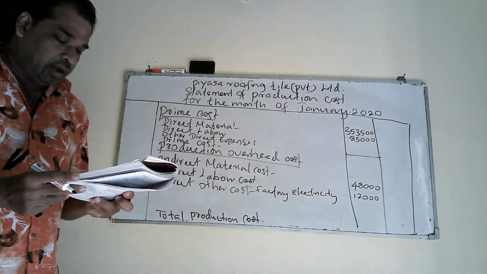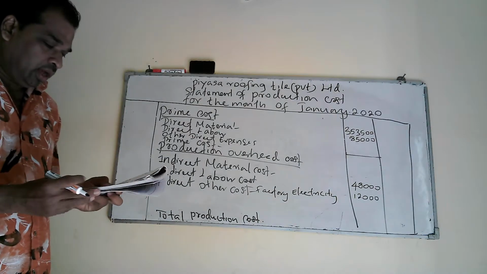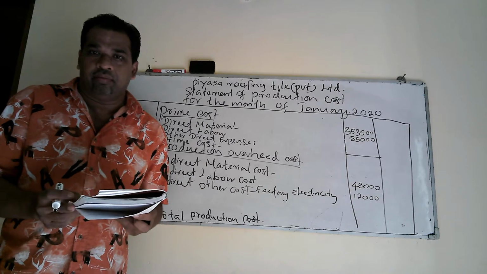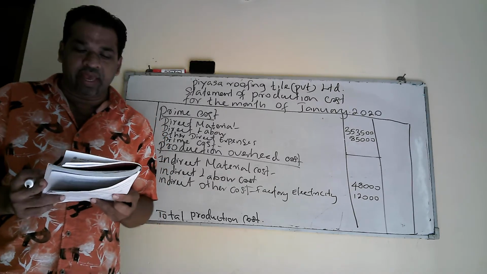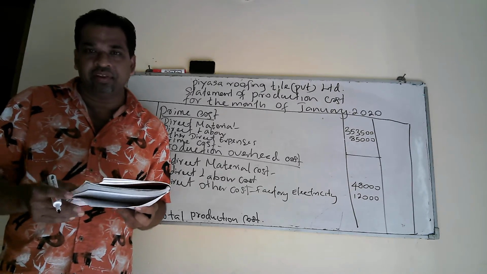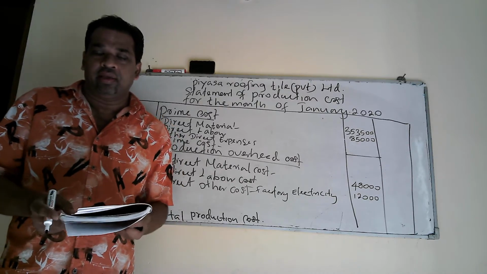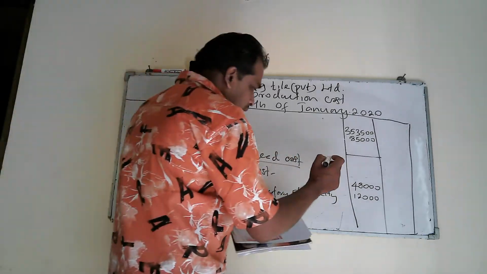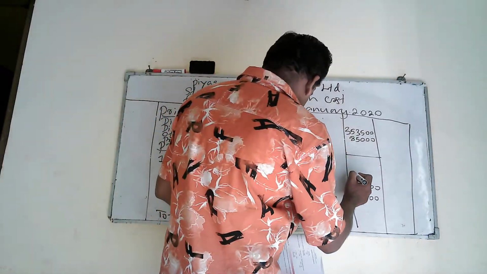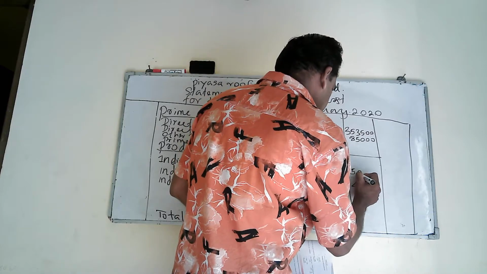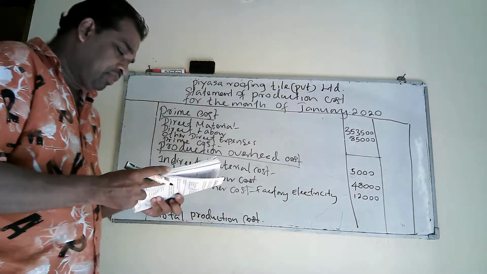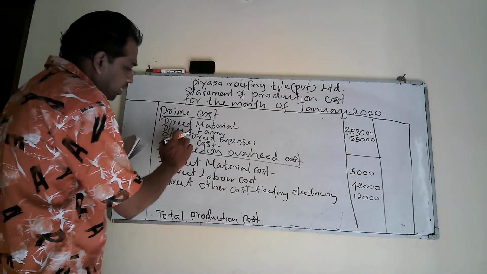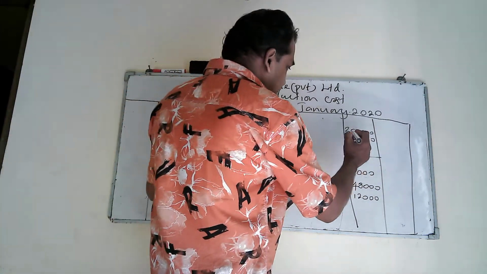Then cost of paint. Since this is a manufacturing company producing tiles, cost of paint means they are painting the tiles, right? Cost of paint we can mention under indirect material, that is 5,000. Then next item, direct other cost, which comes under direct other cost, that is 10,000.